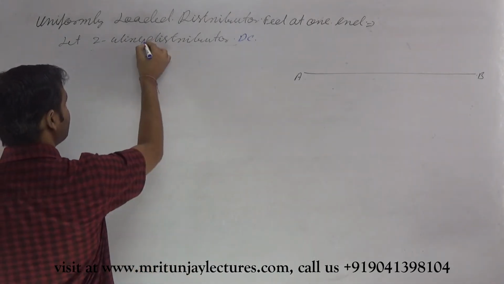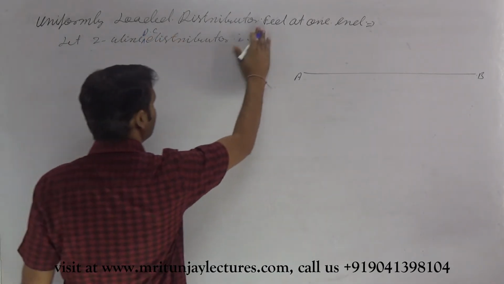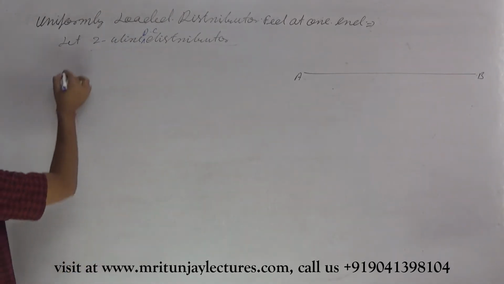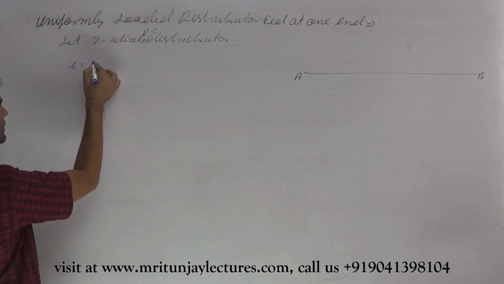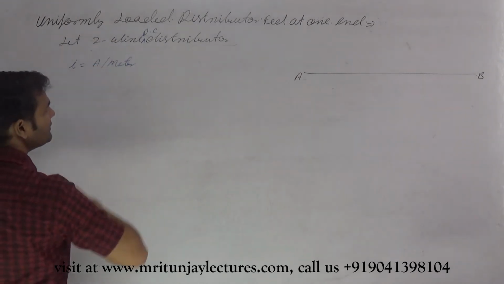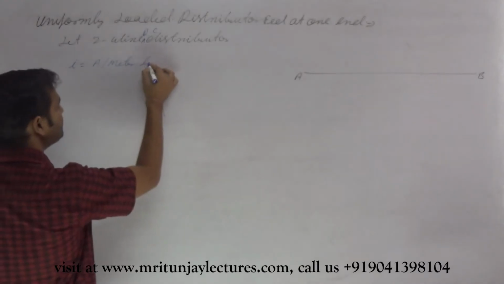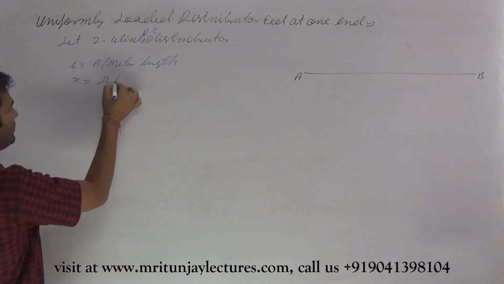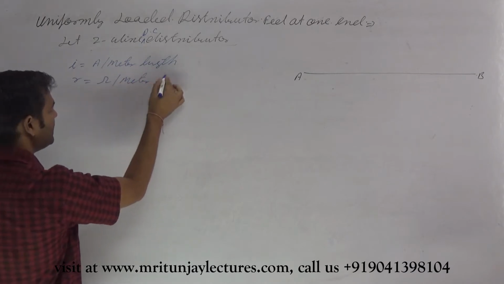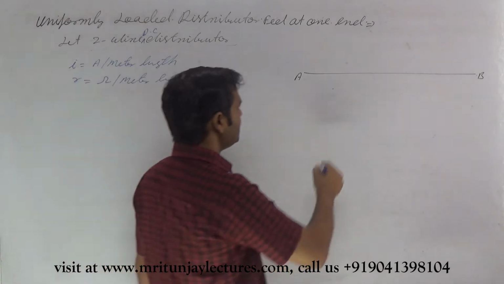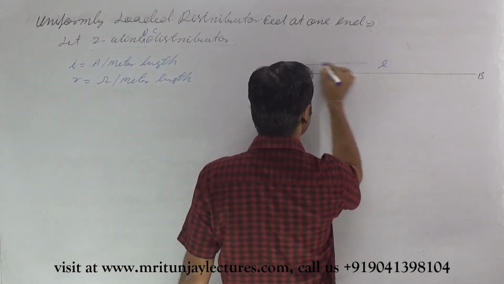Better to write two-wire DC distributor. I is ampere per meter length, and R is ohm per meter length. Okay, and the total length is L.